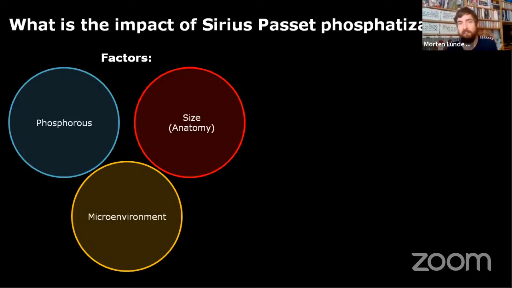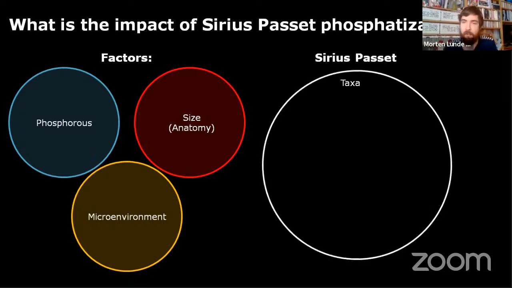So from Sirius Passet, we have identified these three factors that the data suggest are important: phosphorus content, the size, or perhaps anatomy, and the microenvironment. However, it's important to stress that these factors do not initiate phosphatization on their own. Instead, they need to work in concert.